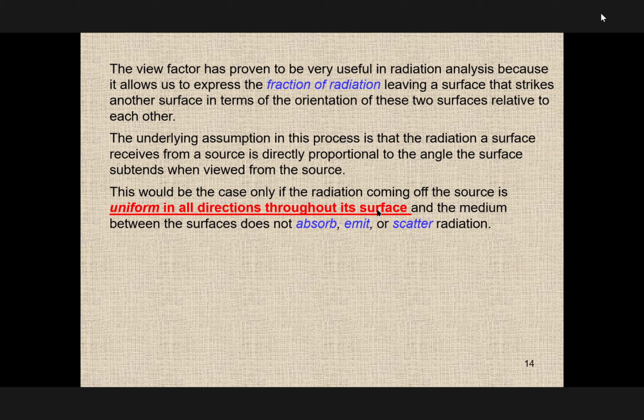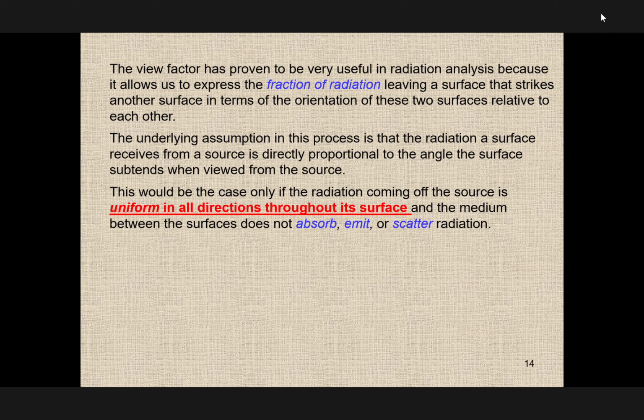Again, we assume it's diffuse, okay? And the medium between the surfaces does not absorb, emit or scatter. The gas by itself does not have a temperature that emits, and does not scatter the radiation coming from that surface.